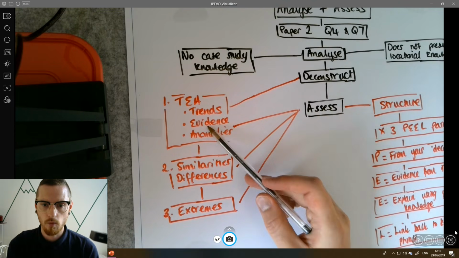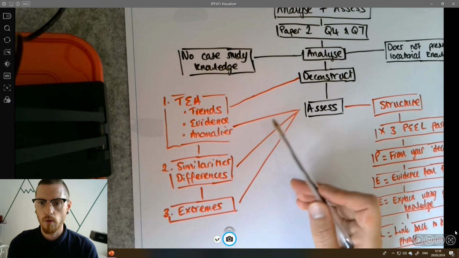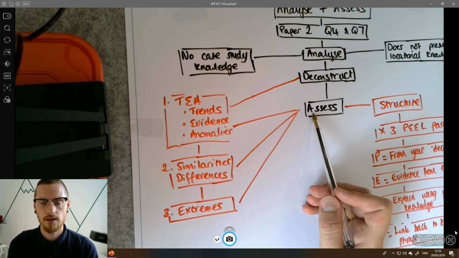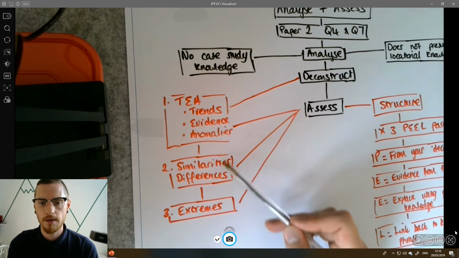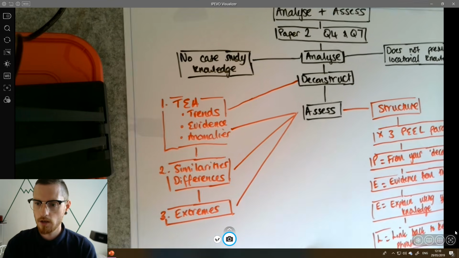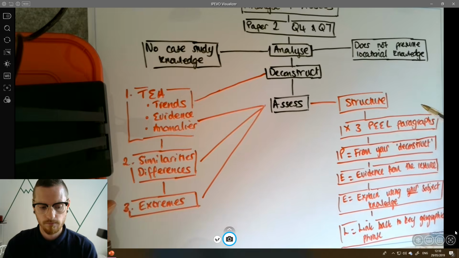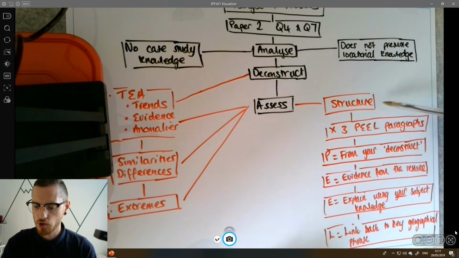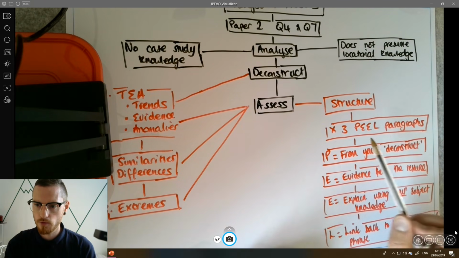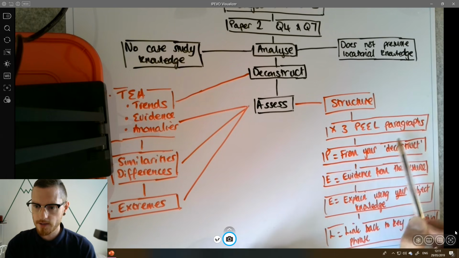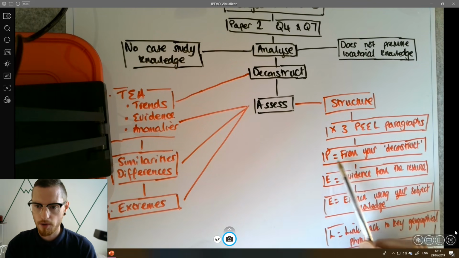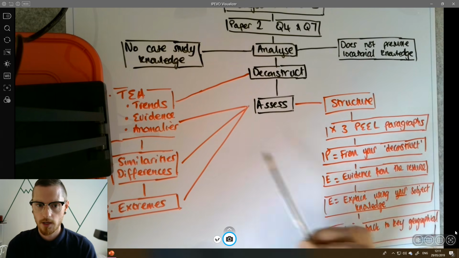Once you've deconstructed via 1, 2, 3, we're now going to assess the question. And these are going to be what formulates your 3 PEEL paragraphs. So the structure of the answer, and we've gone through this, is 3 PEEL paragraphs, and your 3 points come from your deconstruct.